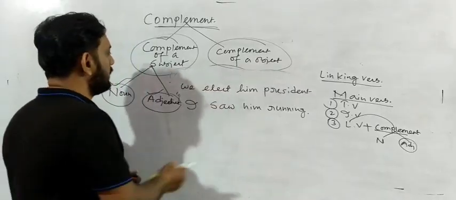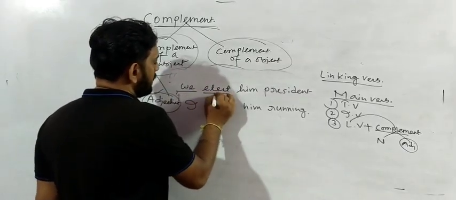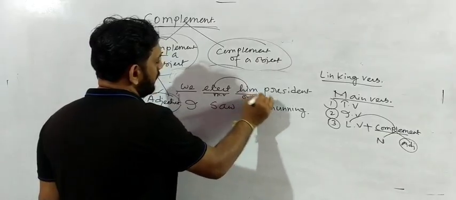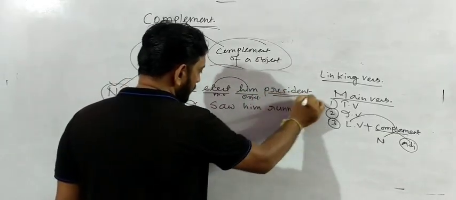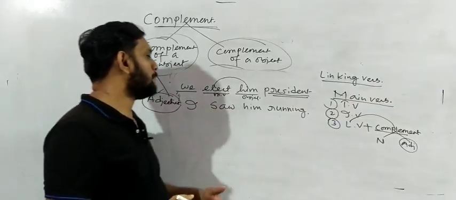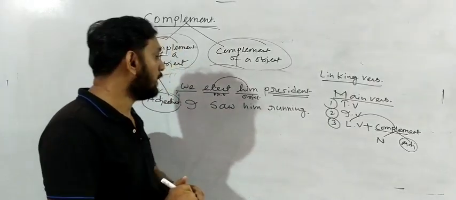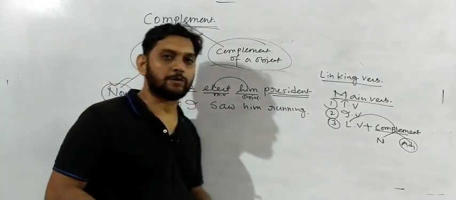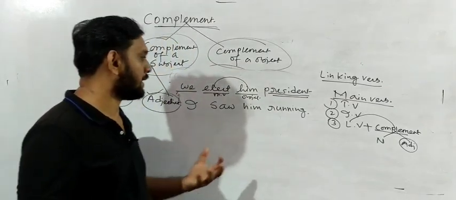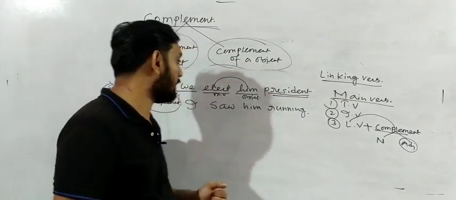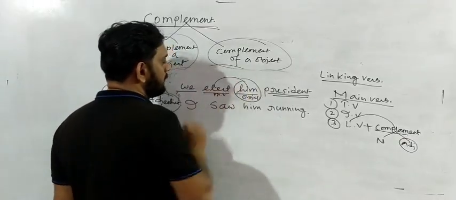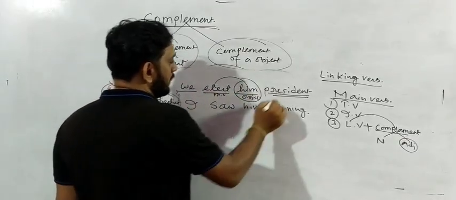Now you can see, we is the subject, elect is the main verb, yes or no, and him is the object here. Now what is the part of speech of this word? You might have a lot of problems understanding the part of speech of this word. But first of all you have to understand that an object is given here.